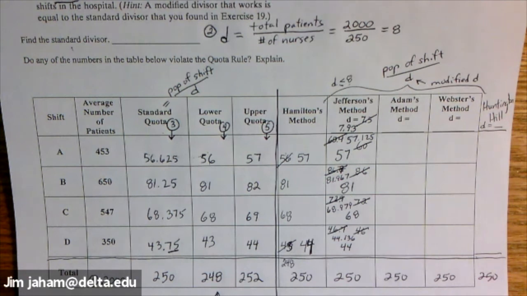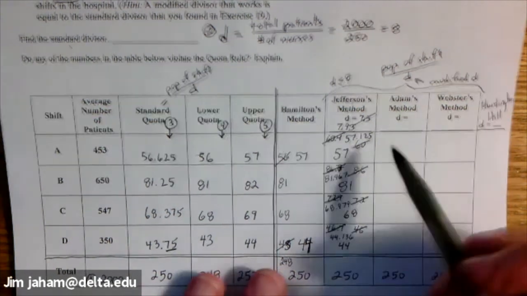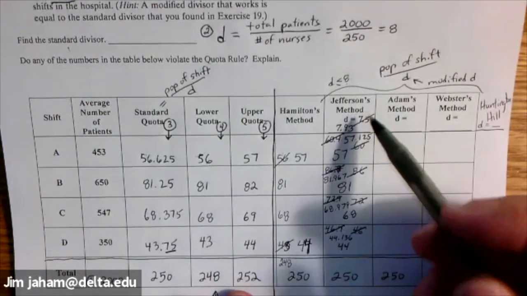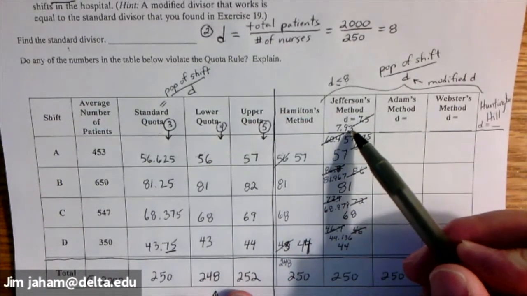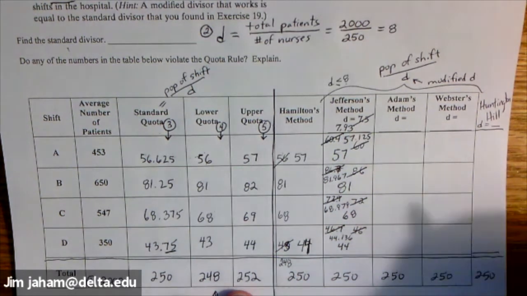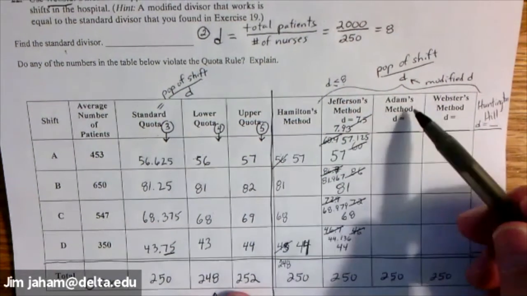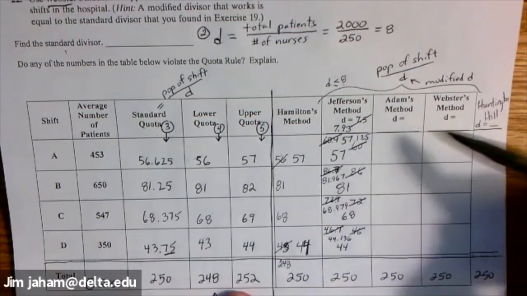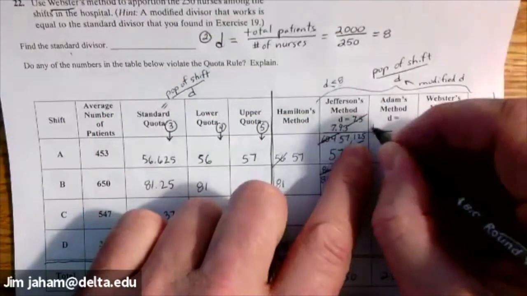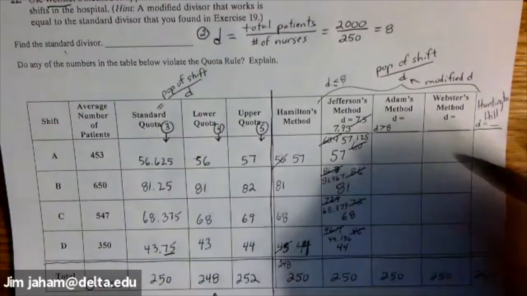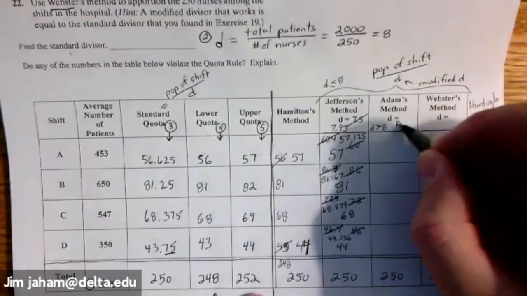All right, now here's something that you can try. If you know that Jefferson's method worked with 7.93, 7.93 is only 0.07 away from 8. Then what you can do, Adams' method kind of does the opposite. You choose a D that is larger than 8 and then round up.